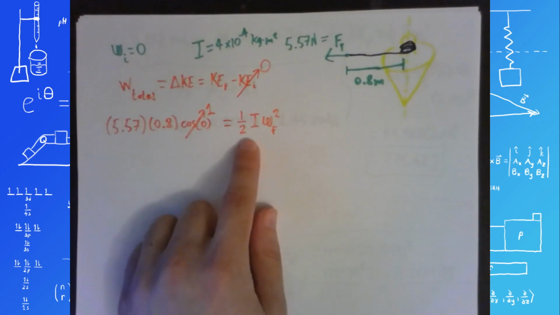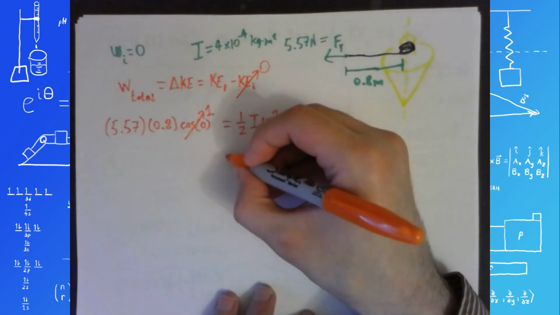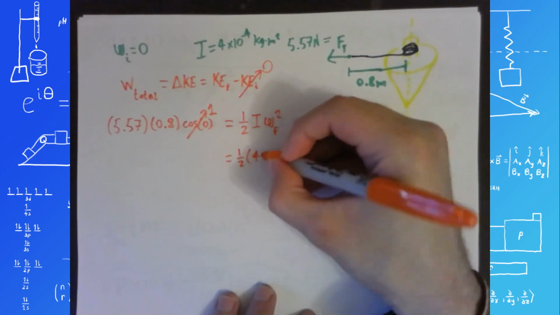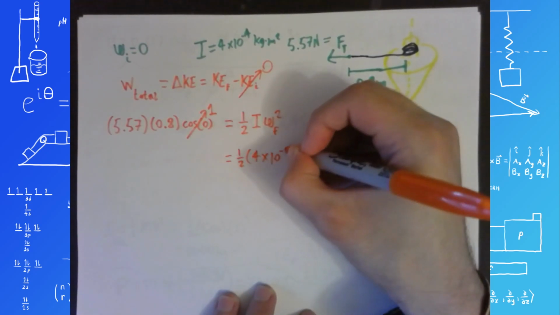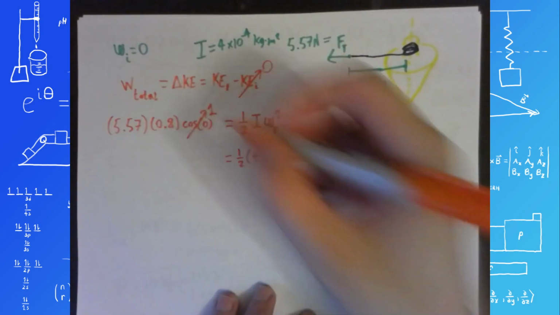And we already know the moment of inertia because it was given to us. So we can calculate the final angular speed of this top. 1/2 times 4 times 10 to the negative 4 times omega final squared equals whatever that is.